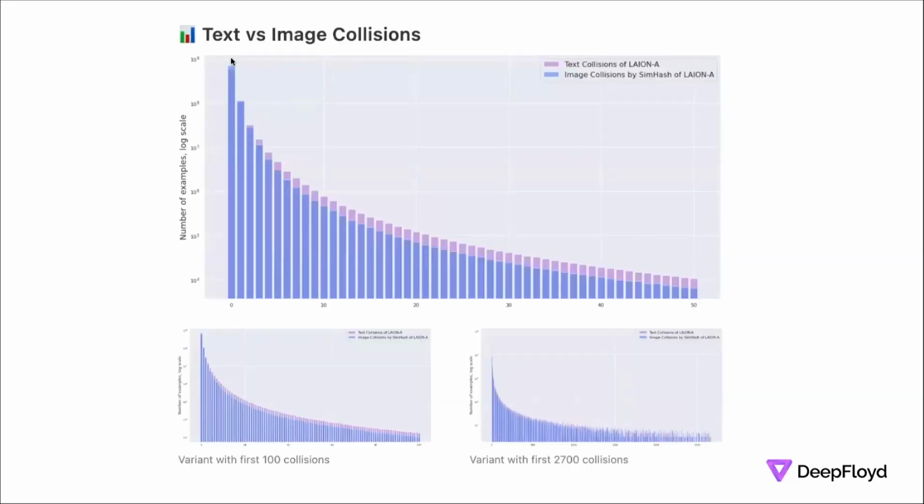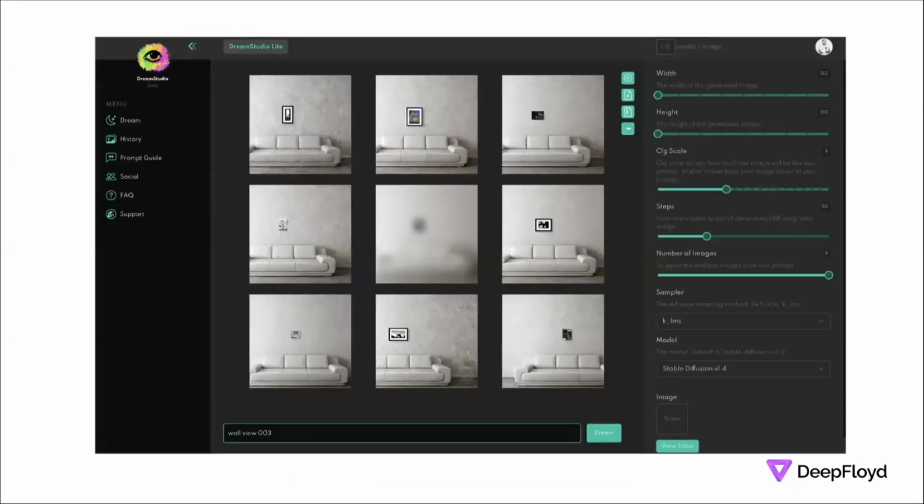Also, it's very interesting that even with text and image collision we have this type of behavior, known as the zip flow, but it's usual, as we know. This is a very popular case that we deleted from the dataset, and you can see that Stable Diffusion can generate it precisely because it's overfit on it.